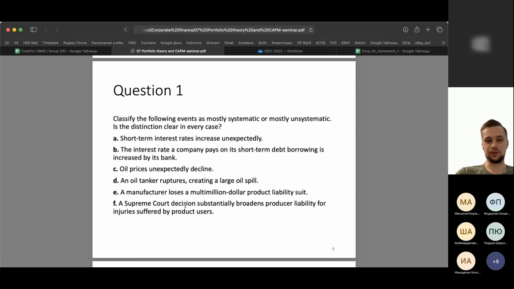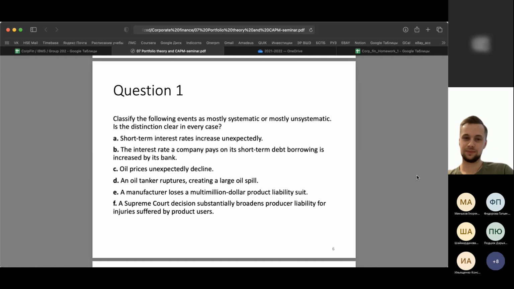Okay, and what about the oil tanker that ruptures, creating a large oil spill? Diana, you have raised the hand. What do you think? I just forgot to remove it. Okay, but what do you think about this one?